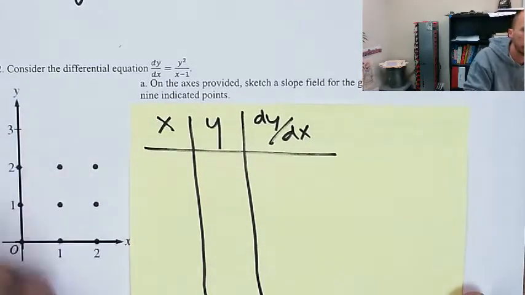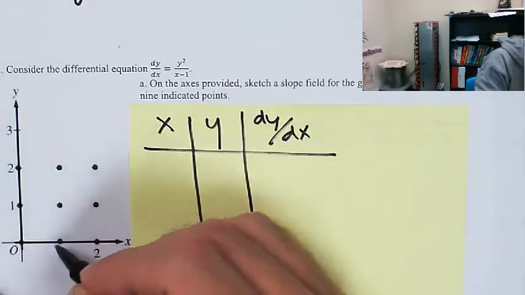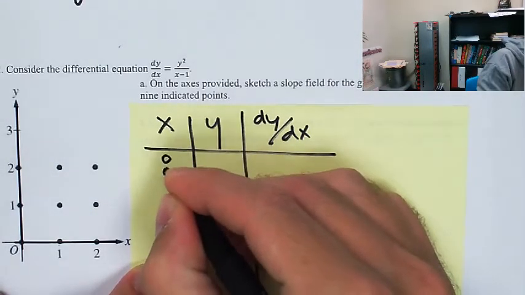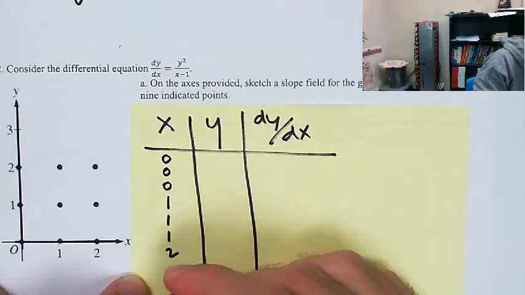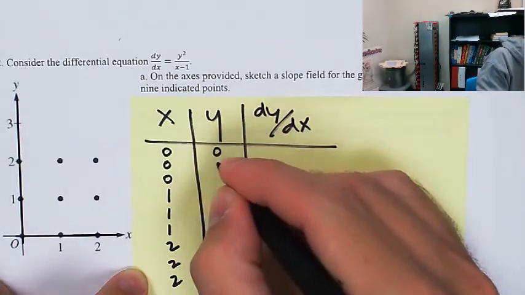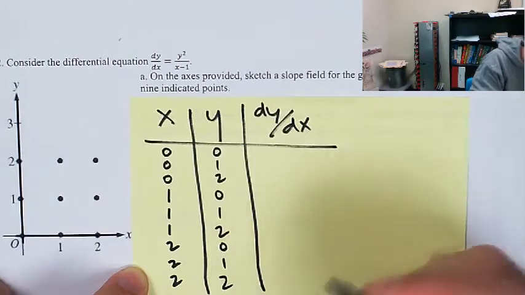I'm going to have to write pretty small. So x can be 0, 1, or 2, and y can also be 0, 1, or 2. Yep, it's still visible in my shot: 0, 1, 2, 0, 1, 2, 0, 1, 2.